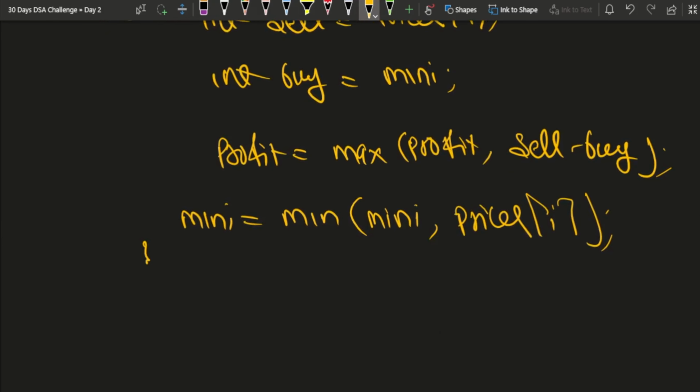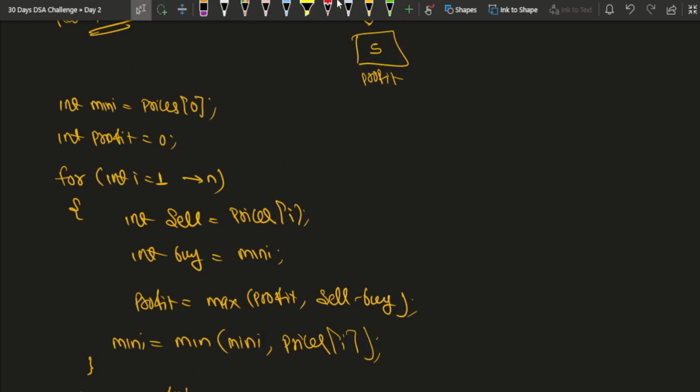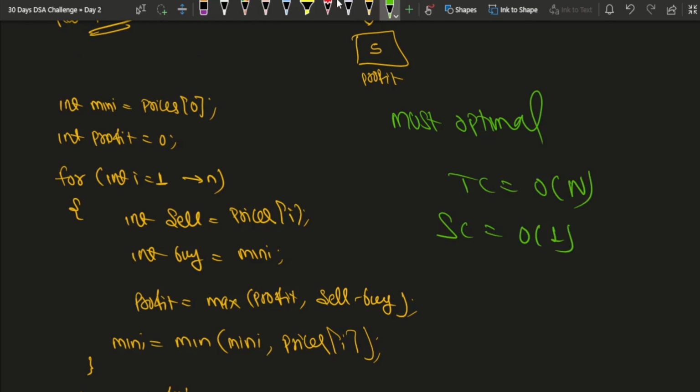And after this, we will return our profit variable. In this way, we will solve this question, and this is the most optimal approach, where the time complexity is O of n and the space complexity is O of 1. So without wasting much time, let's code it up.